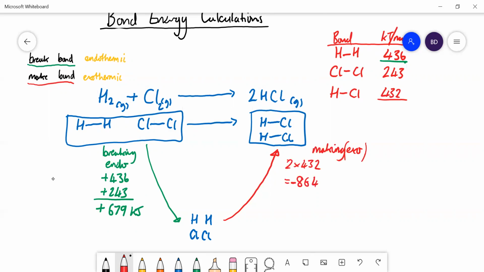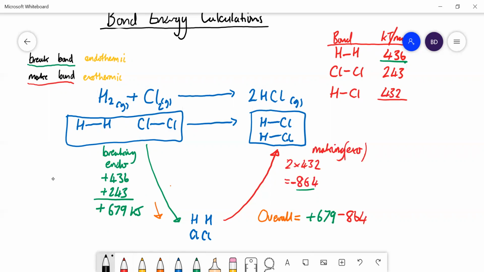So the overall change, we'll write down here. First of all, we've got to put in 679, so that's plus 679. And then we get back 864, so minus 864.